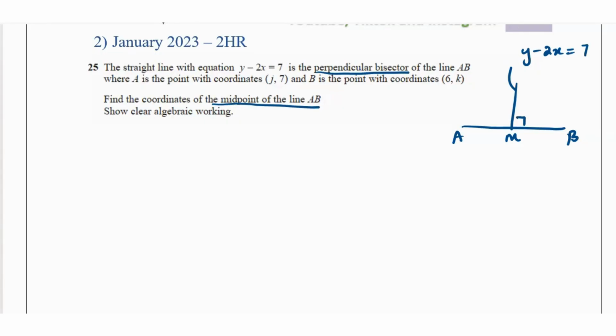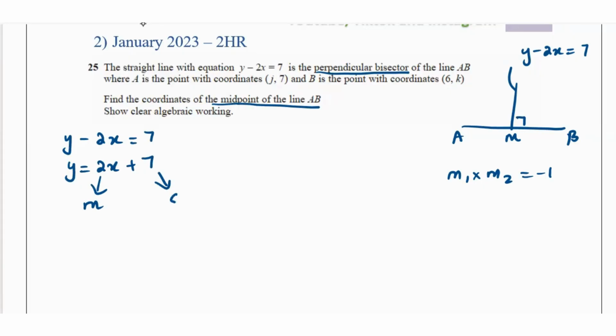So for perpendicular lines, like we discussed before, the product of the gradients will equal -1. So first, let's begin to find the gradient of the line y minus 2x equals 7. Let's convert this into slope-intercept form. y equals 2x plus 7. m is the coefficient of x. c is the constant.